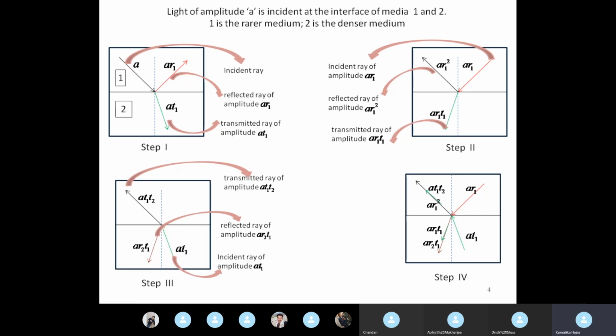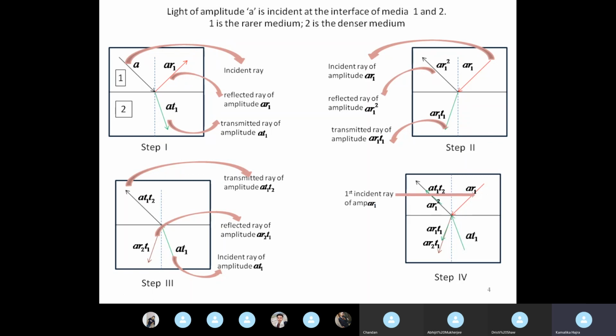All right. So now I have these two pictures simultaneously over here. Here I had only one incident ray, here I had only one incident ray. In this step 4, I have two incident rays simultaneously.